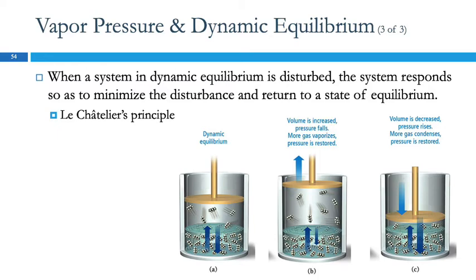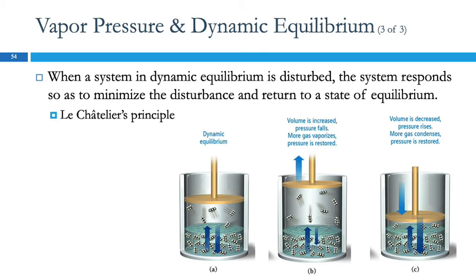So it doesn't matter what shape the container is, how big the gas part is compared to the liquid part, the vapor pressure is going to be the same for a given compound at a given temperature. Here, compressing it, we're going to increase the pressure of the gas, increasing its concentration. That'll cause condensation to happen faster.